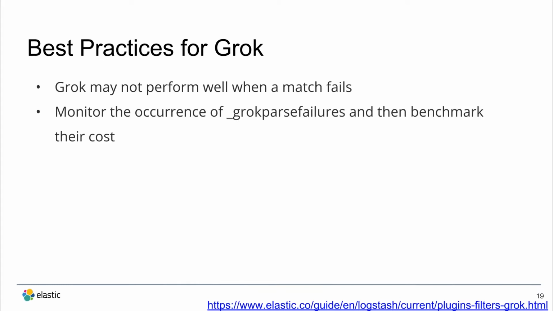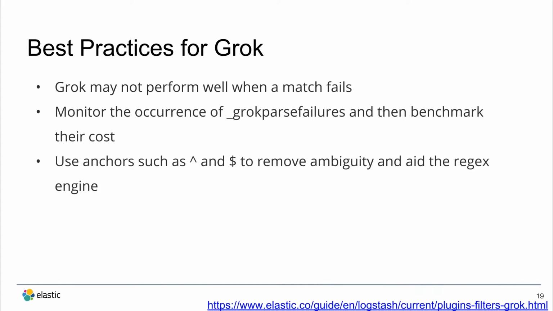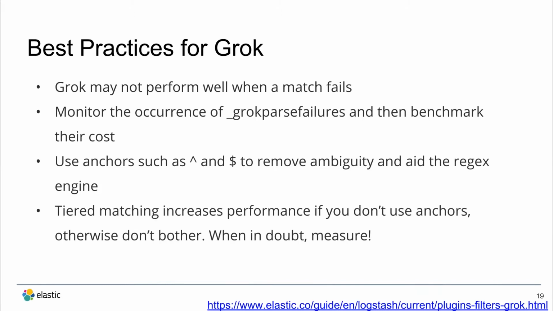For monitoring these match failures, you have something called Grok parse failures, which can be monitored and which you can use to benchmark what the log lines are that are failing to do this Grok parse. You can also use anchors and some special characters to remove ambiguity and help the regex engine. But usage of all of these is also not a guarantee of the right performance.